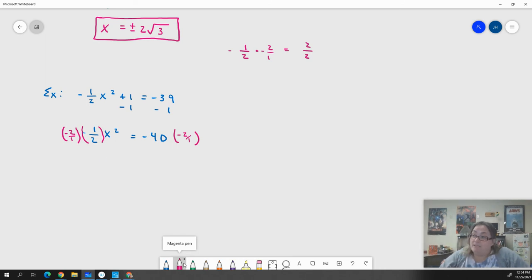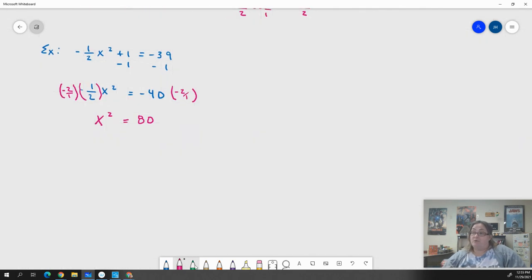And the reason we do that is it leaves us with that x squared, because this is just 1 now. The good thing about a fraction like this is we're left with here just negative 40 times negative 2, which is positive 80, right? That's all we had to do to clear that fraction, and now we can just take care of taking the square root of both sides.